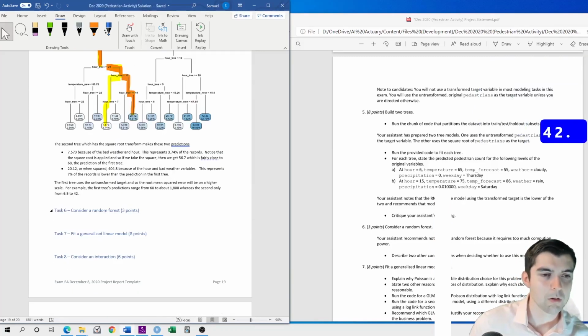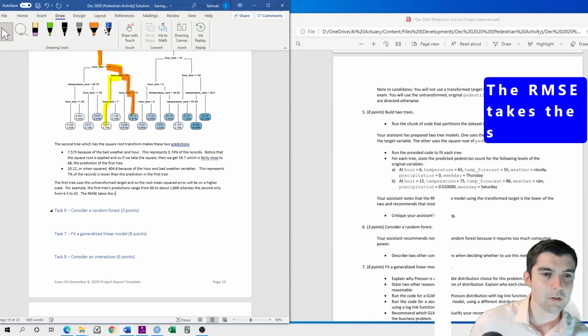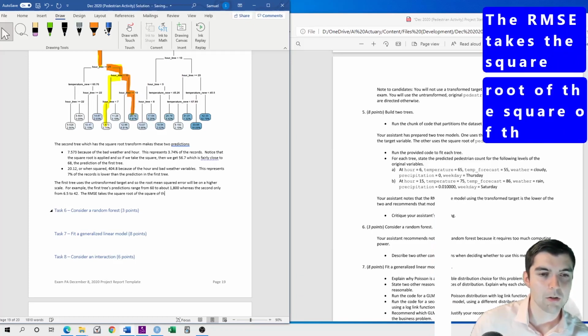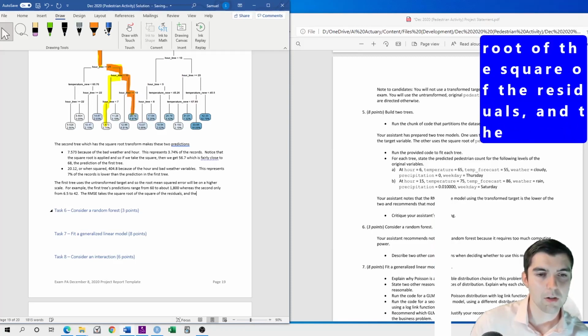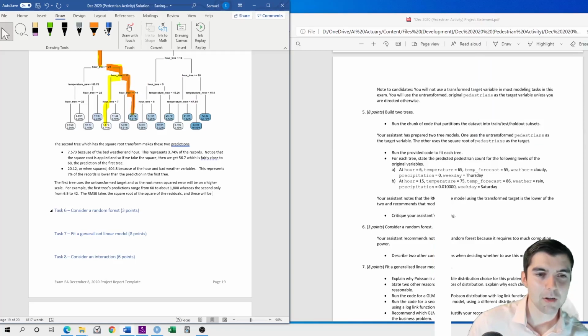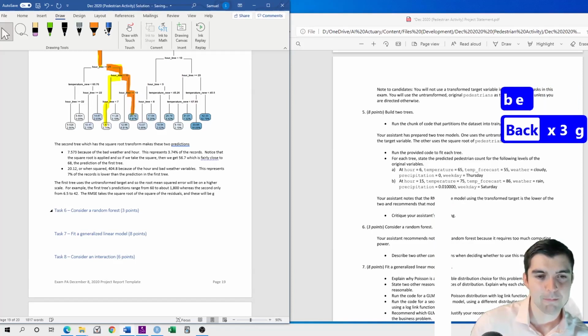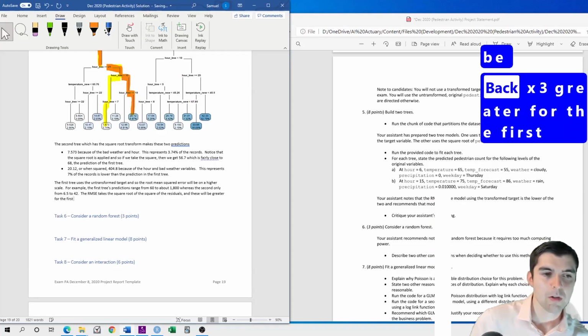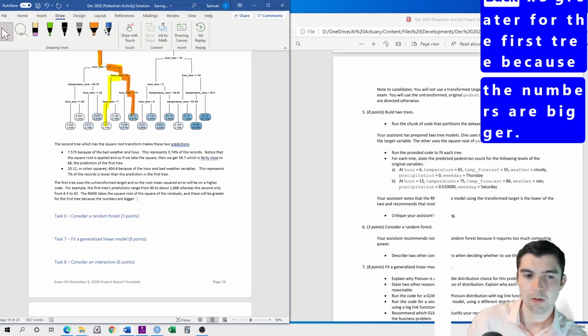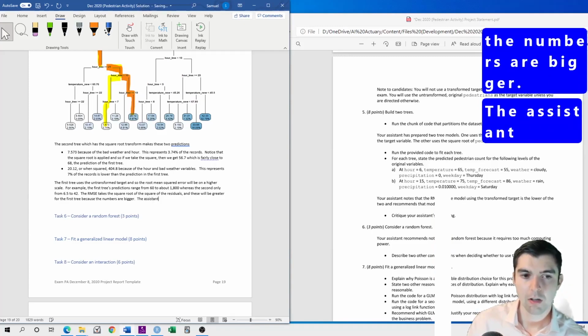So the RMSE takes the square root of the squared residuals, and it will be higher. So what does it mean if you take the square root of a square? It just means that you always have a positive sign, but the residuals will be greater because the numbers are bigger. So the assistant is wrong.